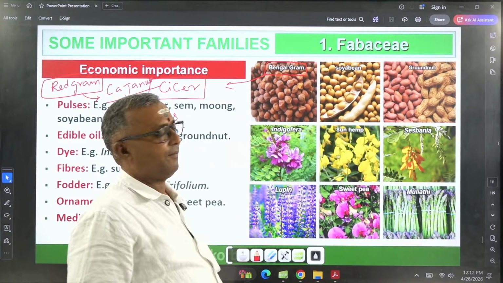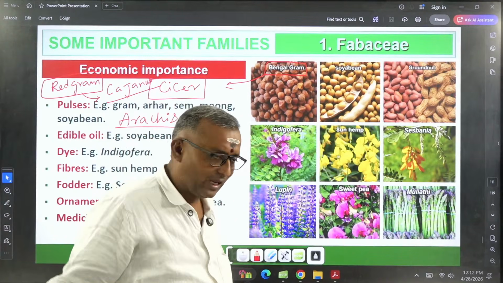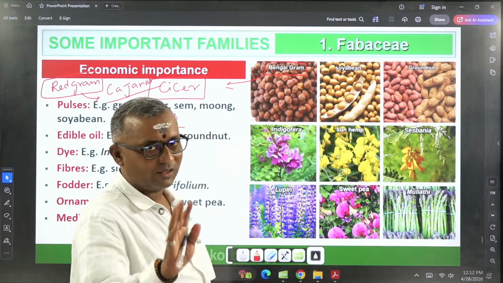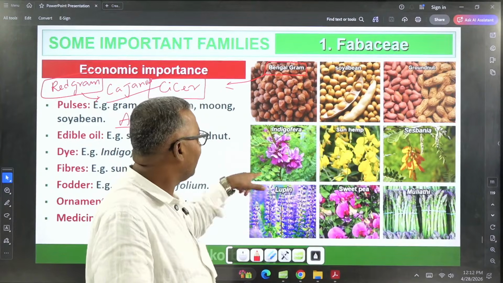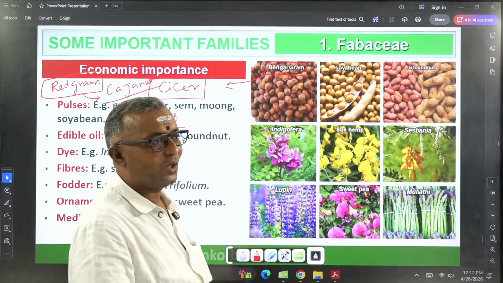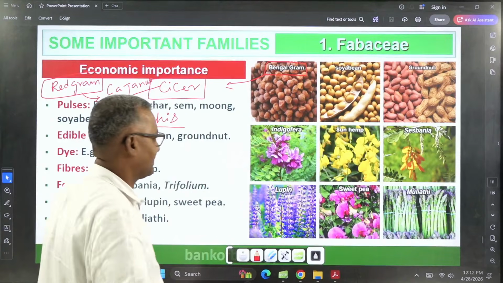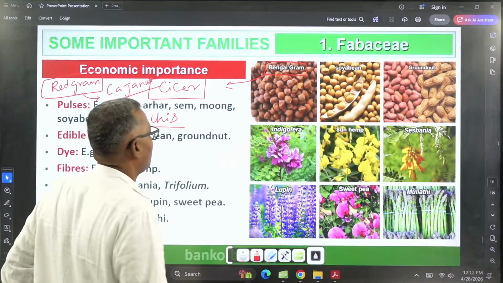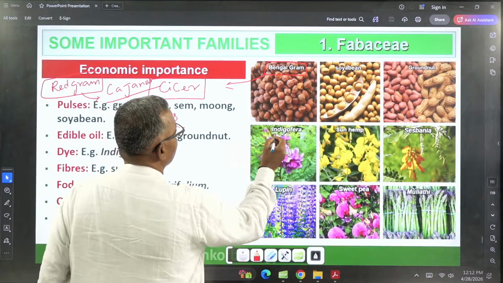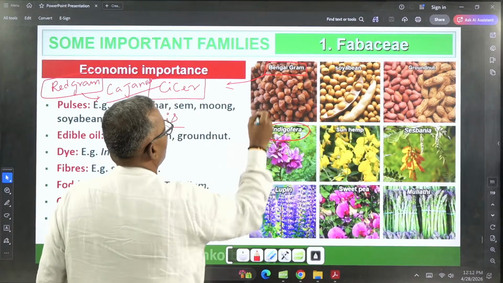And Indigofera. This scientific name itself is Indigofera, and of course in English there is a common name for it. In Telugu there is no common name. For some plants you may not get a common name in Telugu. So in English, Indigofera itself is the botanical name.